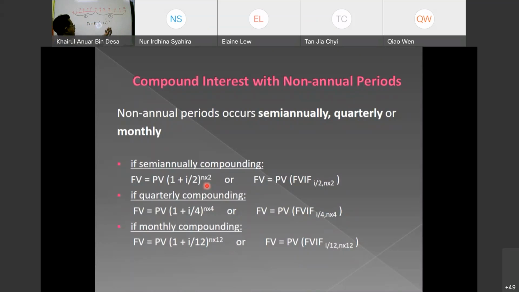If 2 times in a year, or we call it semi-annual, then PV times 1 plus I divided by 2, and n times 2.